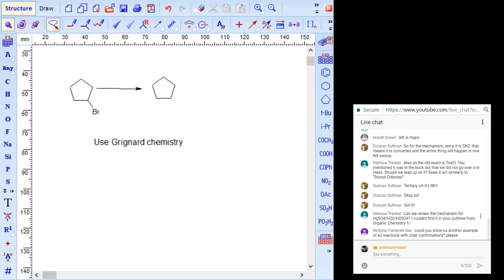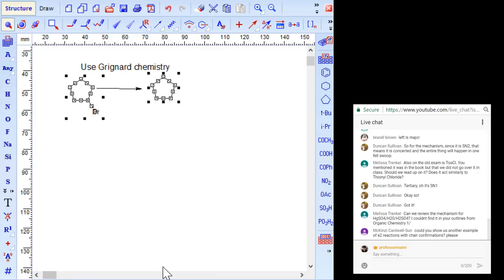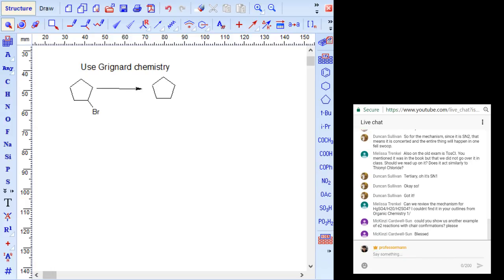So, those of you who want to work on the Grignard reaction up here, that's fine. I'll go over that in a second. Let's see, I'll have to... Yeah, that's not helping either, is it?